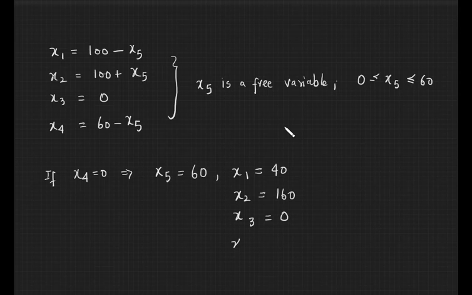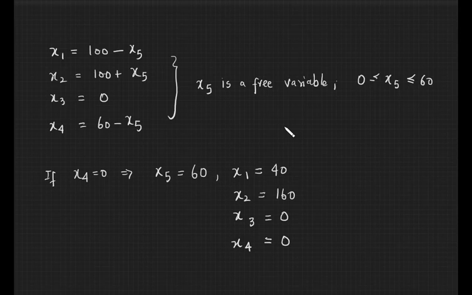So x4 is equal to 0. When the number of vehicles along x4 is 0, there is no traffic, then the number of vehicles going in the direction of x1 is 40, number of vehicles going in the direction of x2 is 160, number of vehicles going in the direction of x3 is 0, number of vehicles going in the direction of x5 is 60.